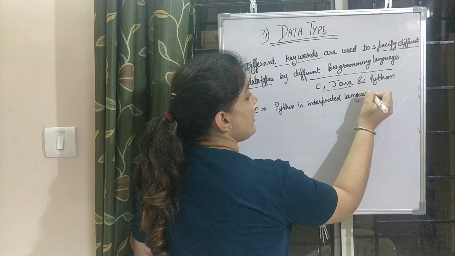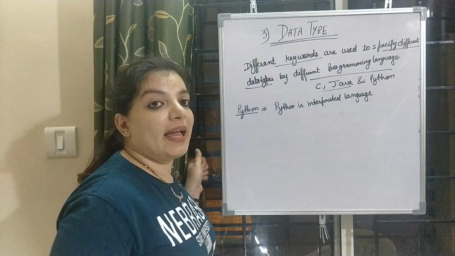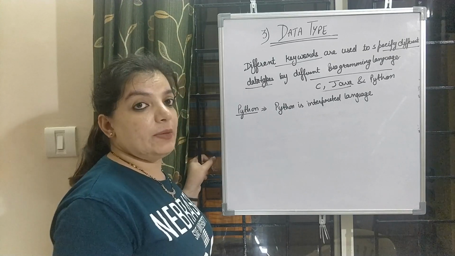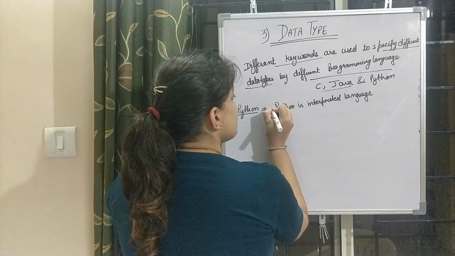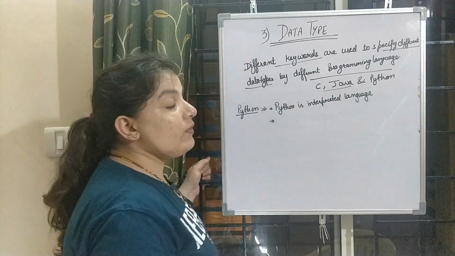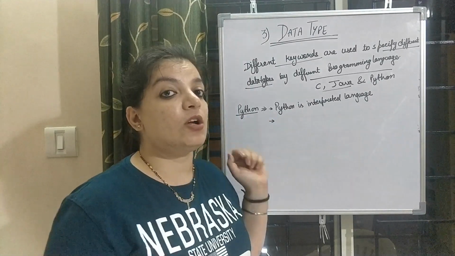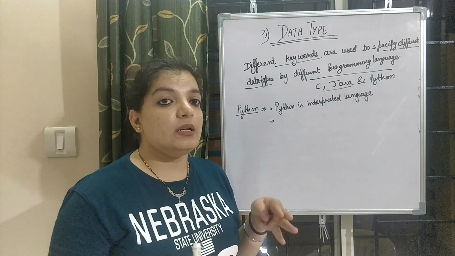So what is the advantage of this feature? Python does not require a semicolon at the end of a statement. Okay. Now what is the second feature? The second feature is that Python does not require any keywords to specify a particular data type.